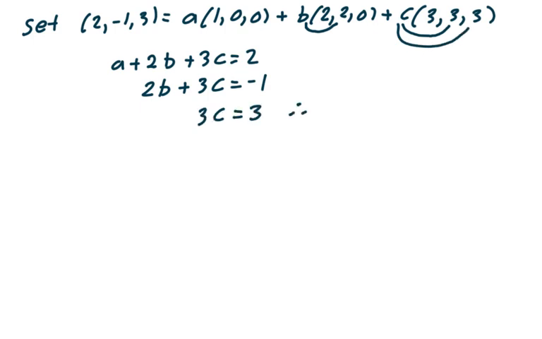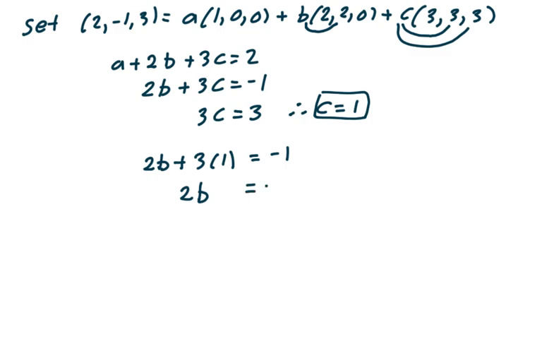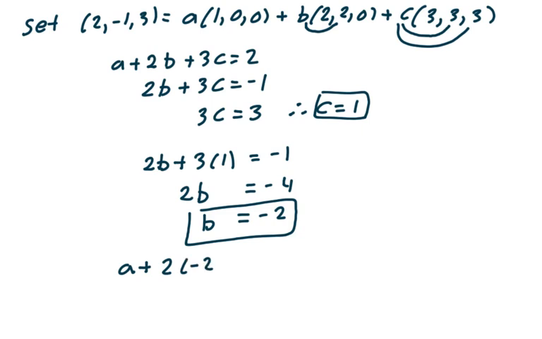And so what that tells me is that C is 1. And then if I plug in, I get 2B plus 3 times 1 equals negative 1. 2B equals negative 4. B is negative 2. Now, A plus 2 times negative 2 plus 3 times 1 equals 2.